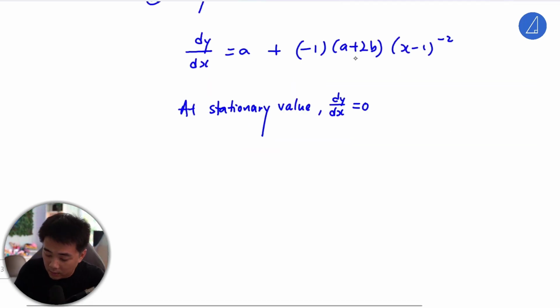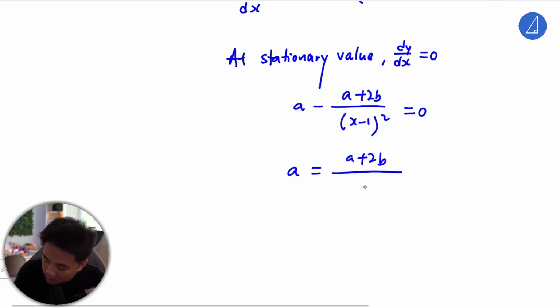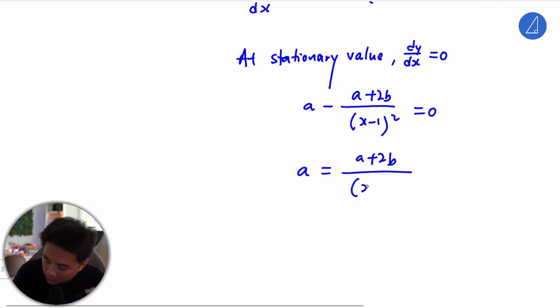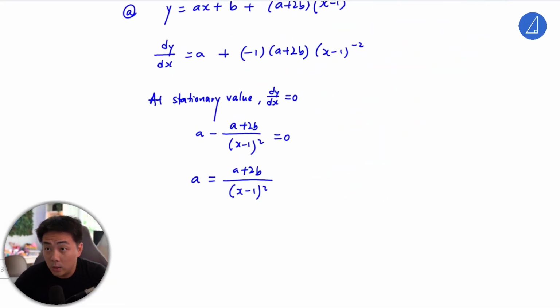So here, what I'm going to do is just solve for my x. This is a minus a plus 2b over x minus 1 squared equals 0. Bring over to the other side a plus 2b. Then I'm going to result in a quadratic equation. What we are supposed to find is that you won't have any real solution.